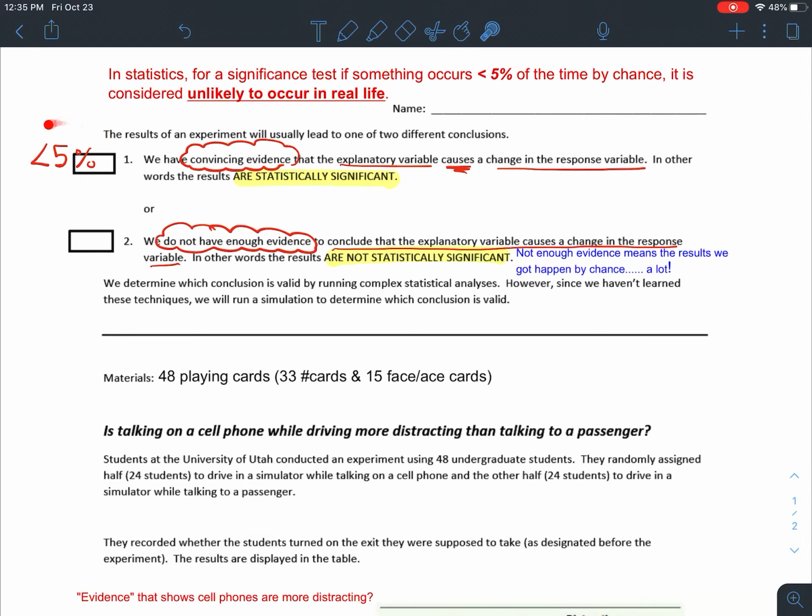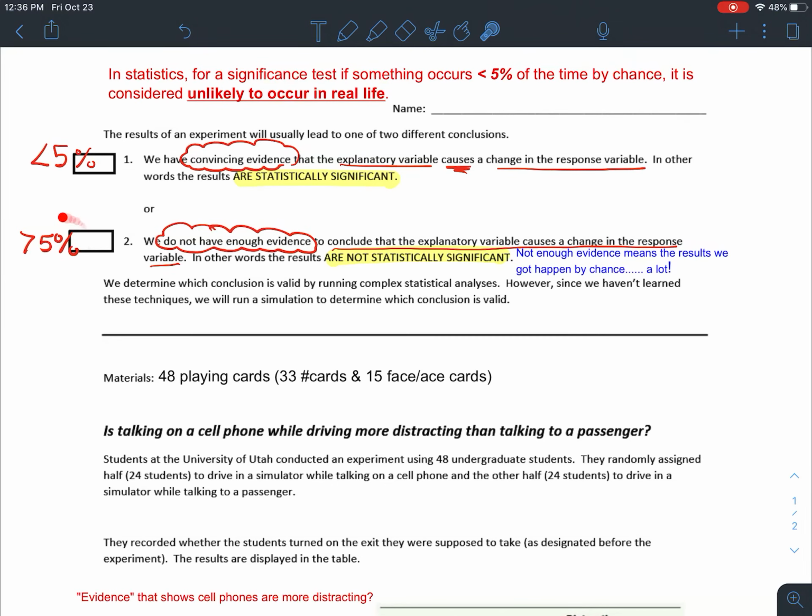Because if it's not very likely that something's going to happen just by chance, and that unlikely occurrence actually occurred when you performed your experiment, then it's probably the explanatory variable that's causing the change in your response variable, and not the random chance of who got put in which treatment group.